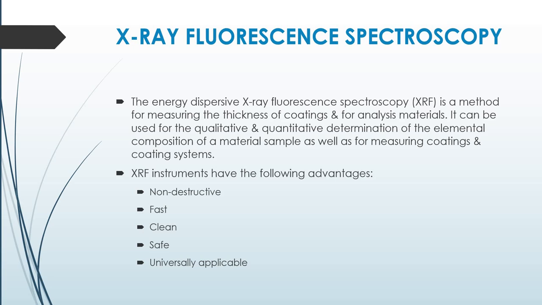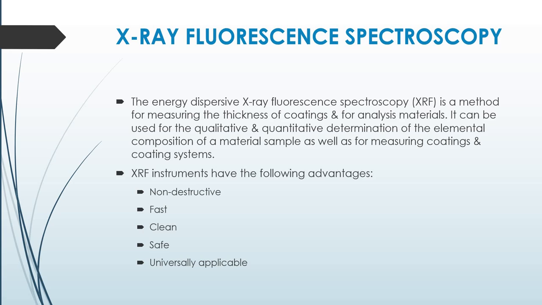It can be used for the qualitative and quantitative determination of the elemental composition of a material sample as well as for measuring coatings and coating systems. In both laboratory and industrial environments, fluorescence spectroscopy is now well established and can be readily utilized with modern equipment. XRF instruments have the following advantages.